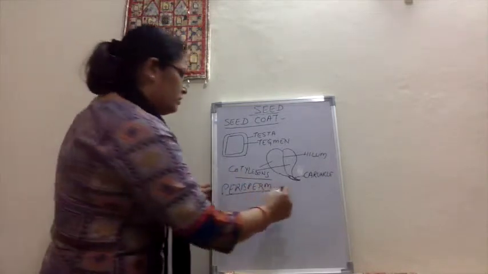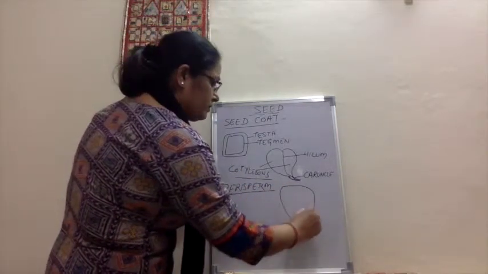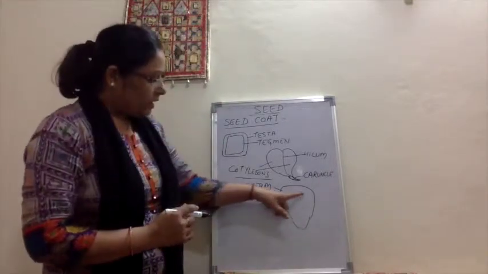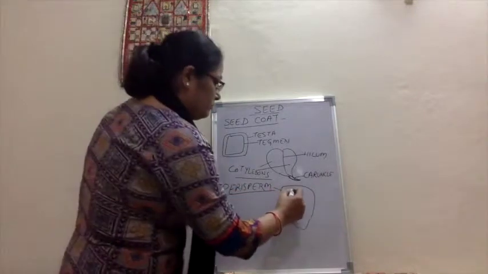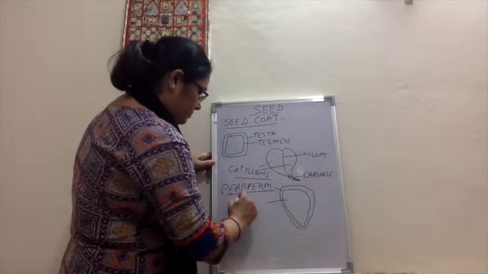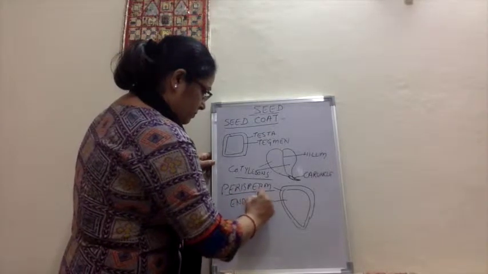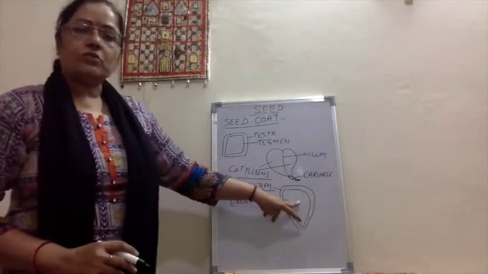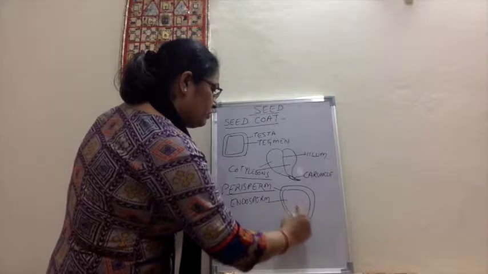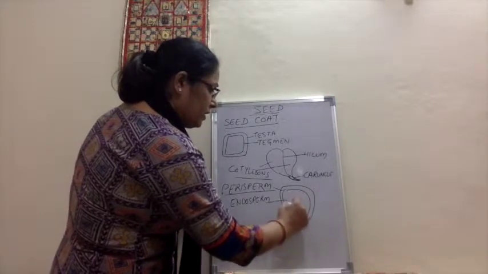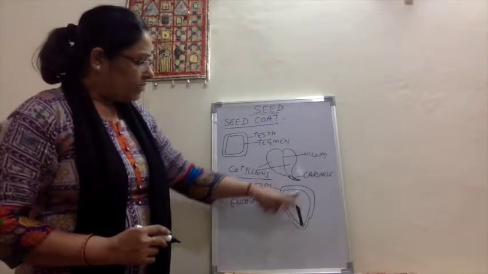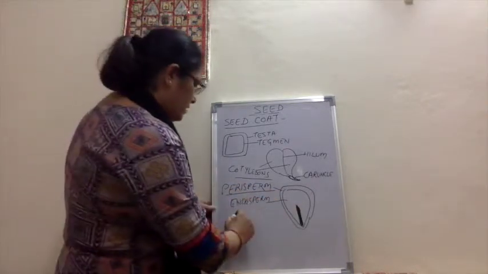In monocot, like maize, this outer covering then encloses the endosperm. This is endosperm. Endosperm stores food, and there is the embryo, which is embedded in the endosperm, hidden inside it, and has only one cotyledon as in maize.